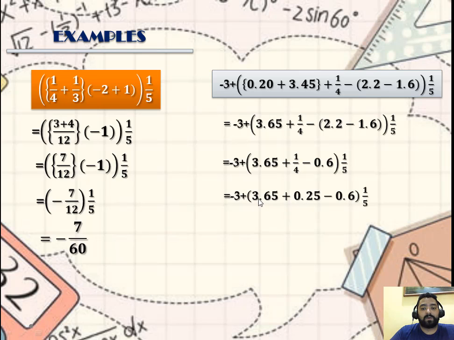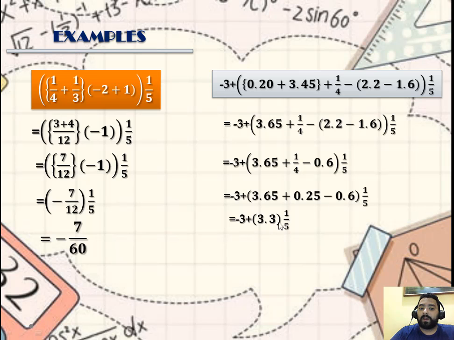Then we need to add 3.65 plus 0.25 minus 0.6. Remember, it's first the addition, so you work from left to right. You cannot add negative 3 plus this one because first you need to work with the parentheses, remember PEMDAS. When you solve the operation inside the parentheses, 3.65 plus 0.25 minus 0.6, we get 3.3.